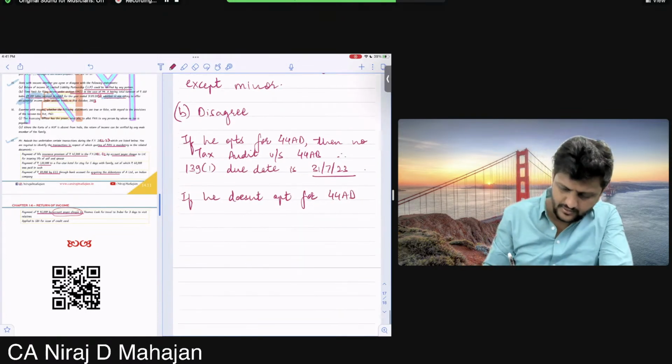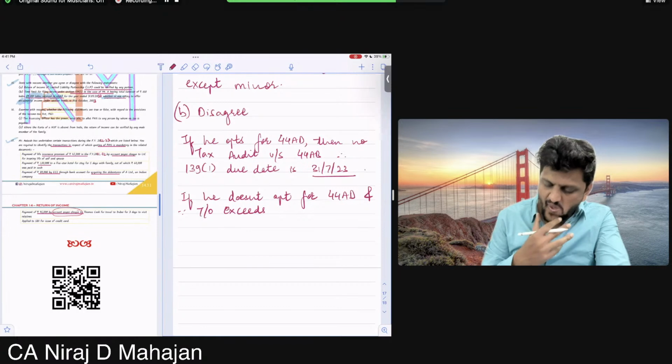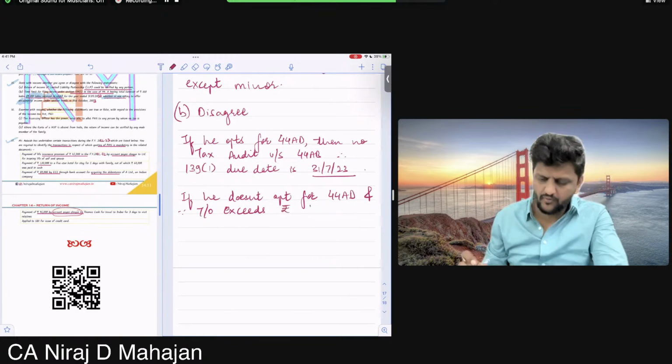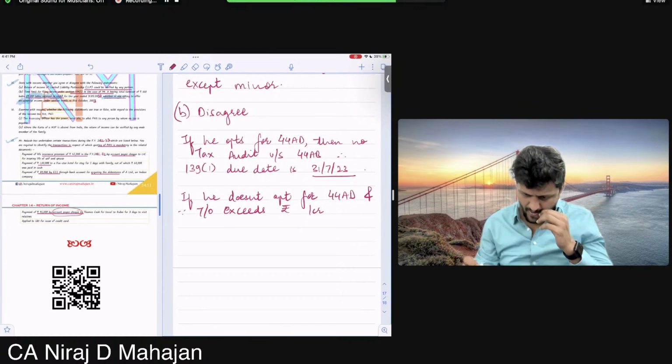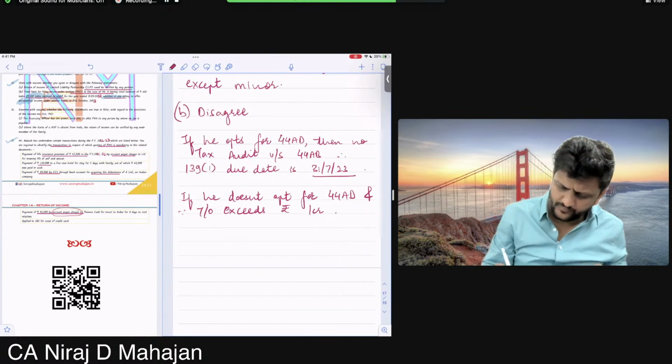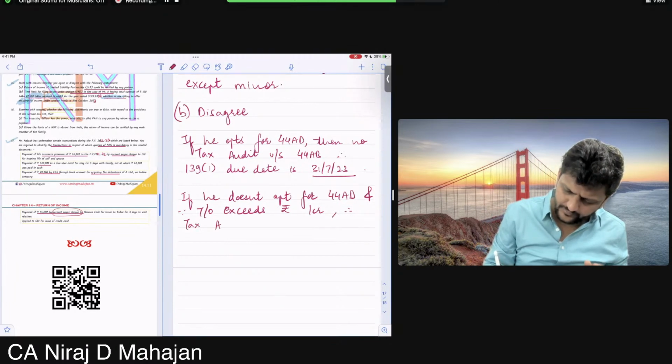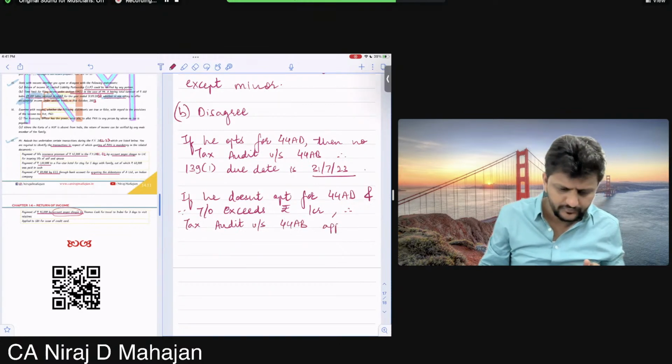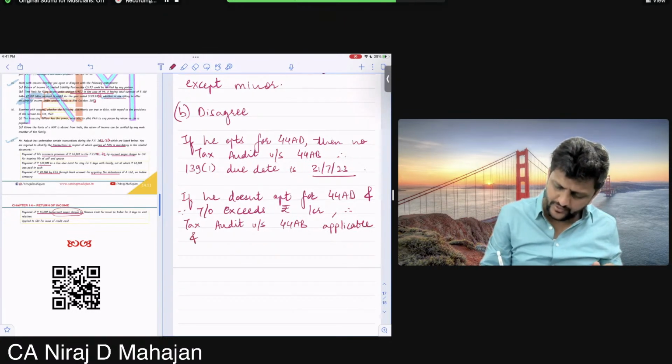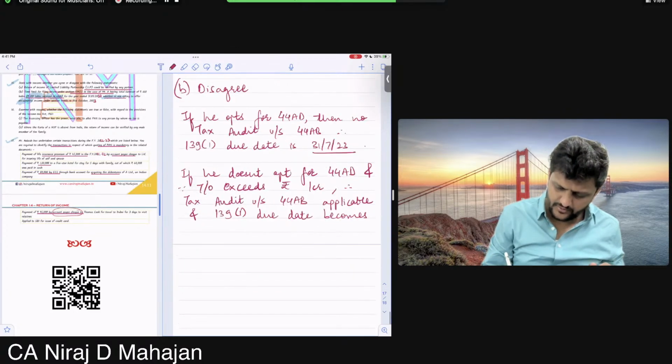And since turnover exceeds rupees 1 crore, therefore tax audit under section 44AB will be applicable, and 139(1) due date becomes which one? 31st October 23.